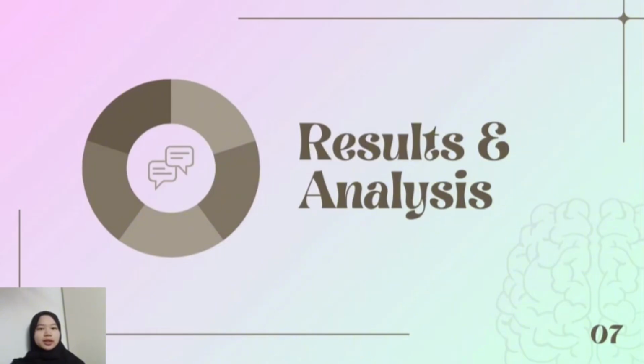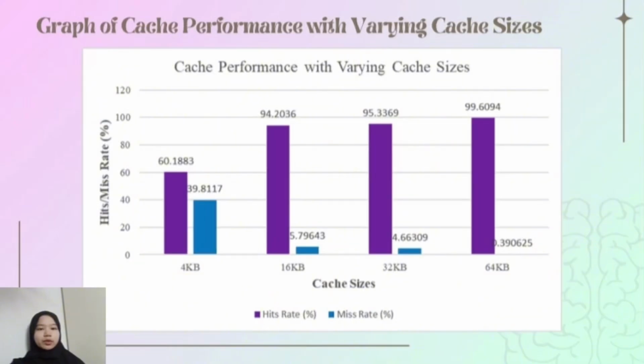Moving on to results and analysis. The figure shows the graph of cache performance with varying cache sizes. We can clearly see that as the cache size increases, the hit rate also increases, and at the same time, the miss rate decreases. 4 kilobytes has the lowest hit rate and the highest miss rate compared to 16, 32, and 64 kilobytes.